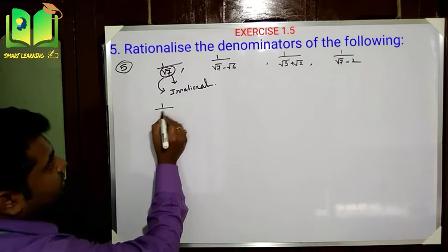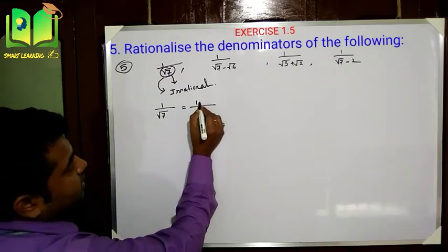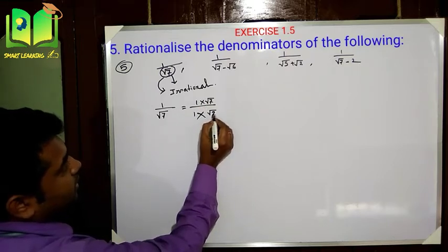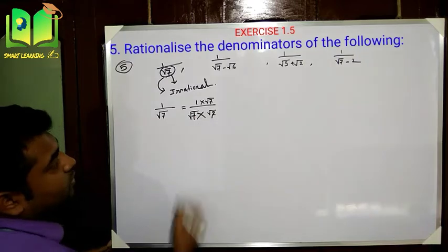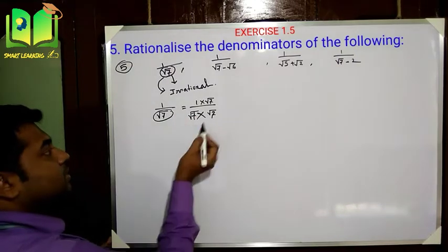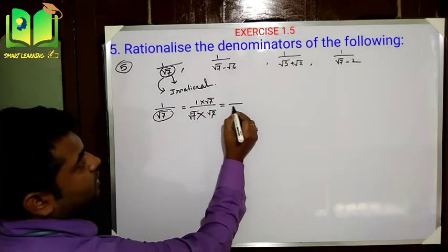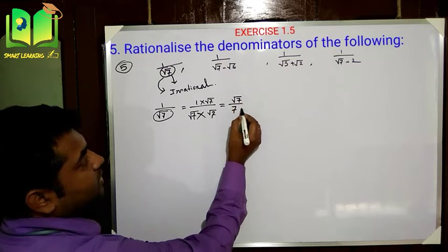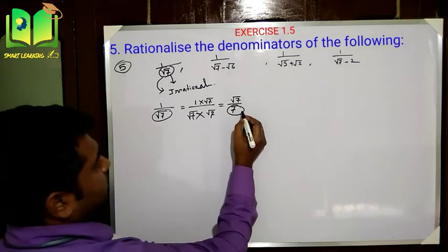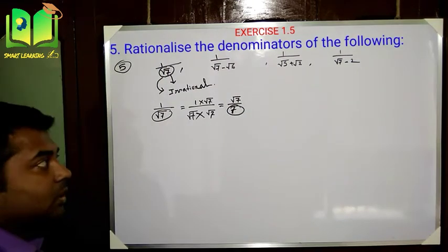The procedure is, if root 7 is here, you write 1 into root 7, the same number you multiply. So root 7 into root 7 is 7. See the denominator, no root sign. Now this denominator is rational.